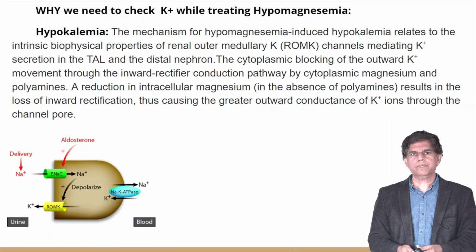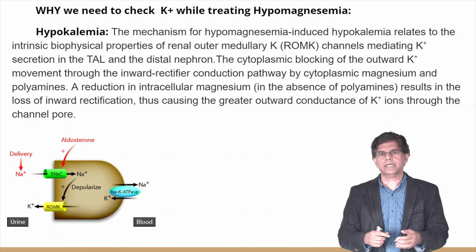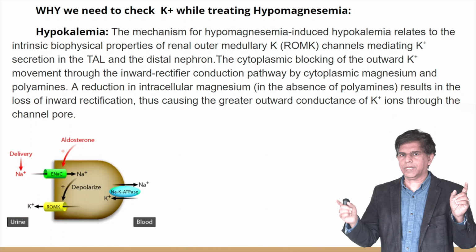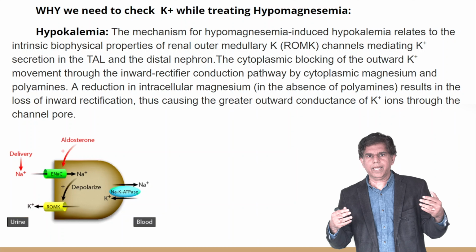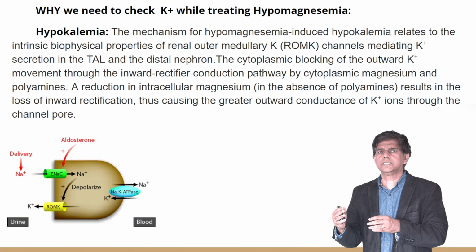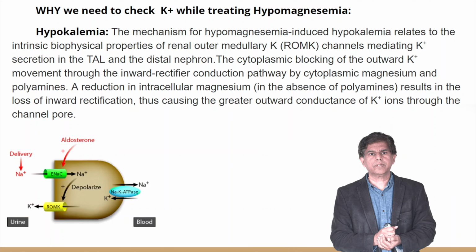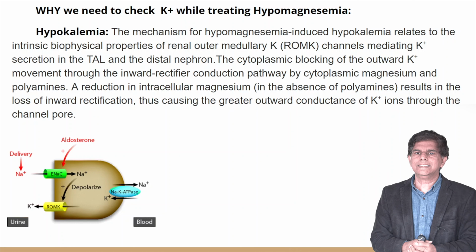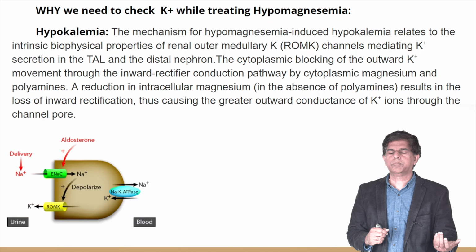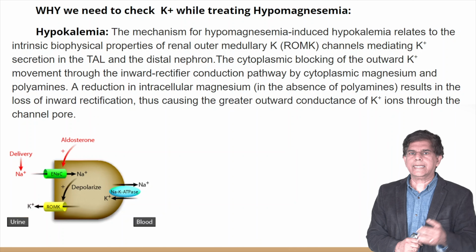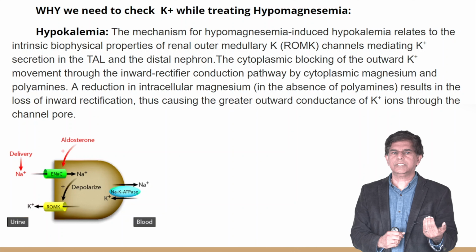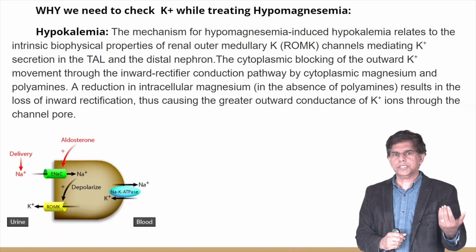So when you look at the other things, whenever we see hypomagnesemia, we have to look at the potassium. So let's look at the mechanism of why you have to correct hypomagnesemia when you have hypokalemia. The mechanism of hypomagnesemia-induced hypokalemia relates to the intrinsic biophysical properties of the renal outer medullary ROMK channels, mediating potassium secretion in the TAL and the distal nephron.